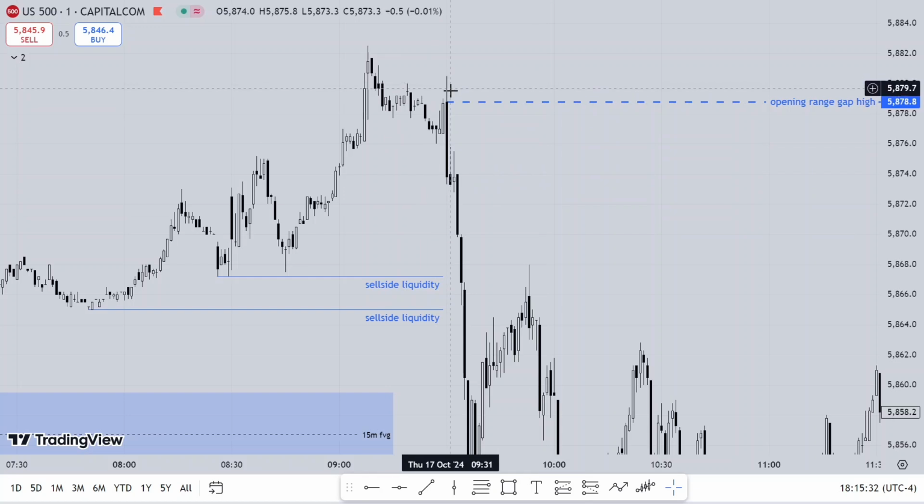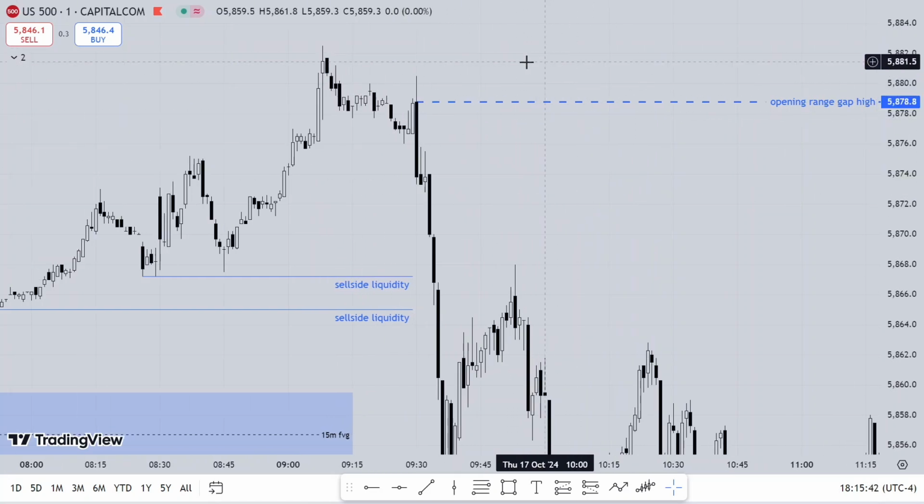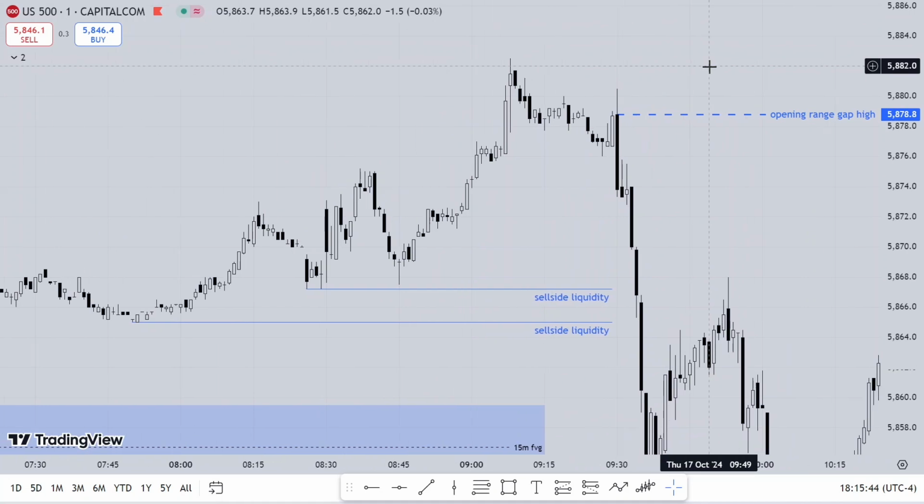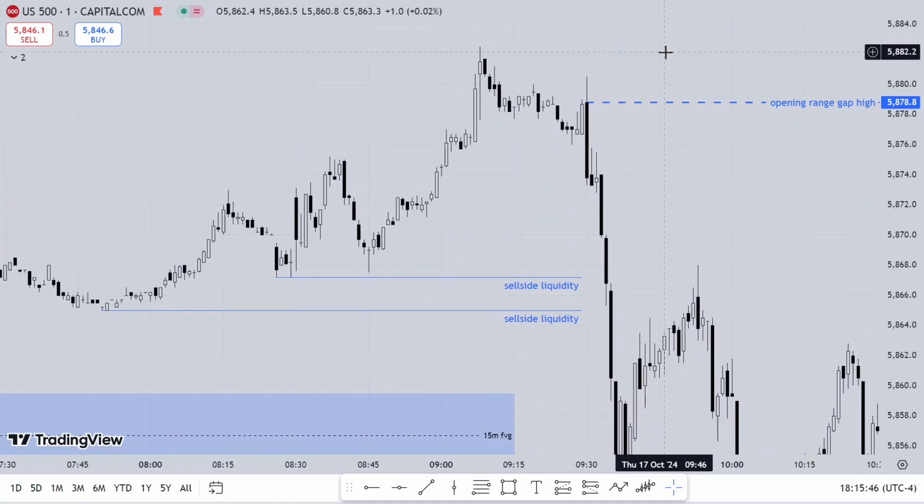During this rally higher, you look at correlating assets, because when trading, it is advisable to look at multiple correlating assets and also inversely correlated assets to get a bearing and measure what price is trying to do across all markets. When we had this rally just before 9:30, the Nasdaq was failing to come for these highs.